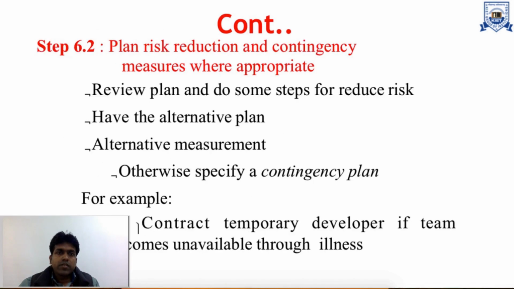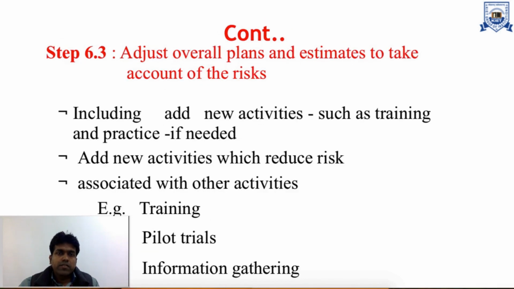Then the other subtasks are plan risk reduction and contingency measures where appropriate. After identifying this risk, we can plan to reduce it, and we can take some contingency measures where applicable. Then adjust overall plans and estimates to take account of the risk.